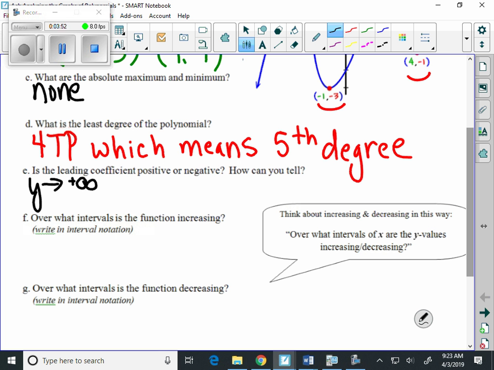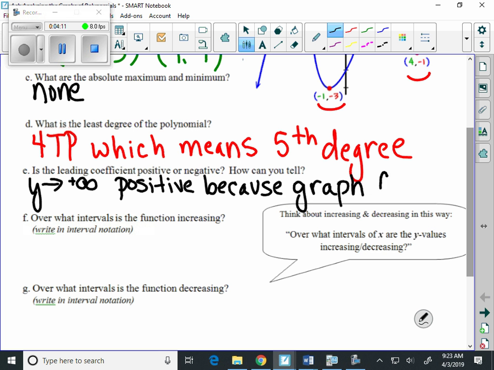Because Y is going to positive infinity, then our answer is, the leading coefficient is positive, because the graph finishes at positive infinity.